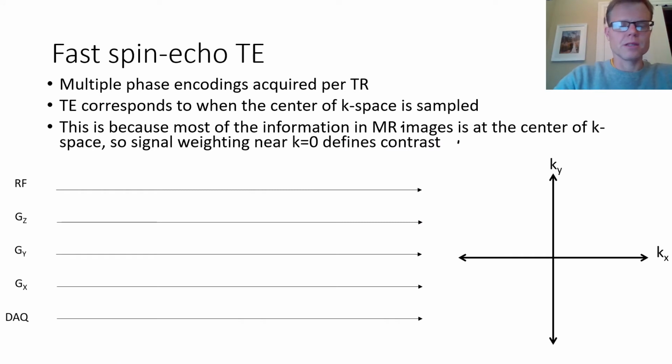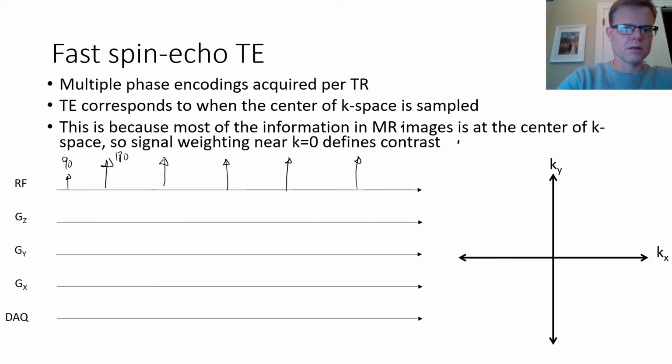To illustrate how we determine the echo time or the contrast in fast spin echo, we need to draw the pulse sequence and illustrate how we acquire our phase encodings and how we traverse K-space during a fast spin echo sequence.